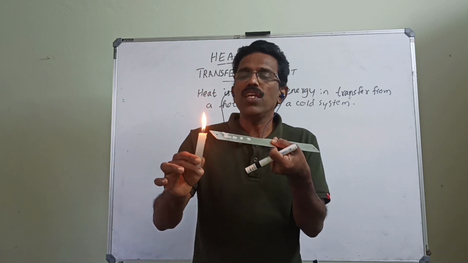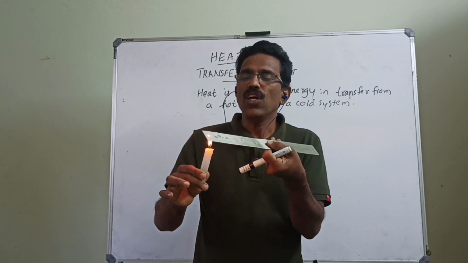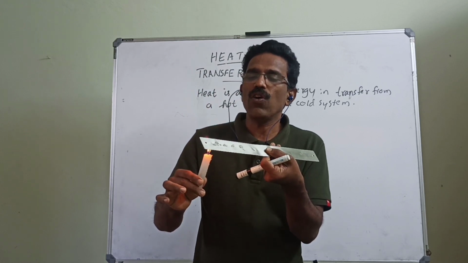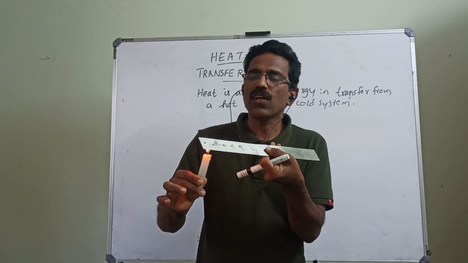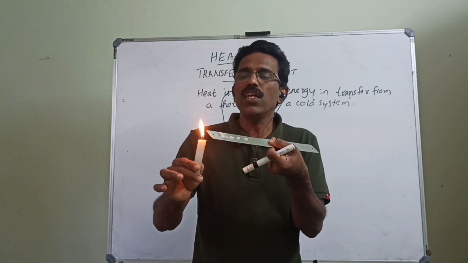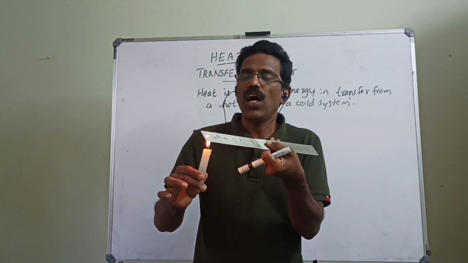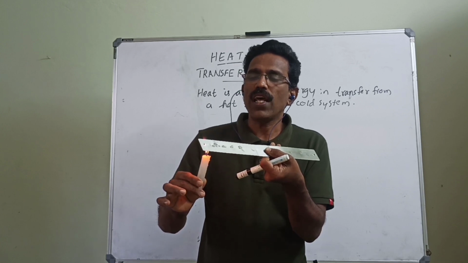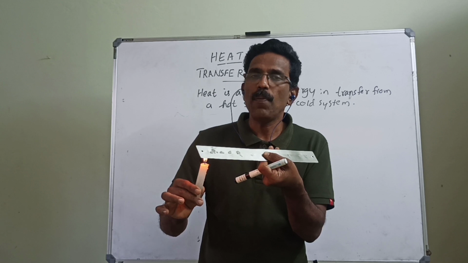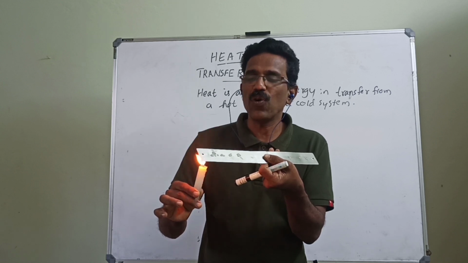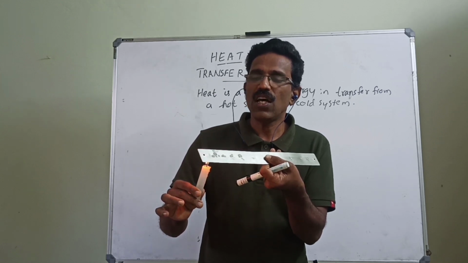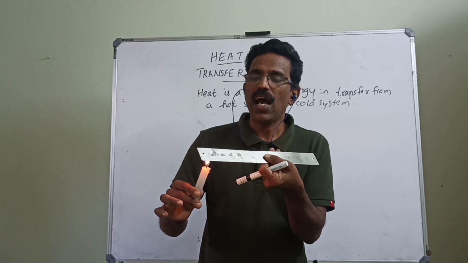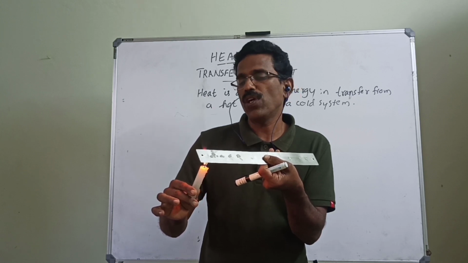When you heat one end of this metallic rod, what happens? When the metal rod gets heated up, you can see the wax getting melted and it starts flowing.